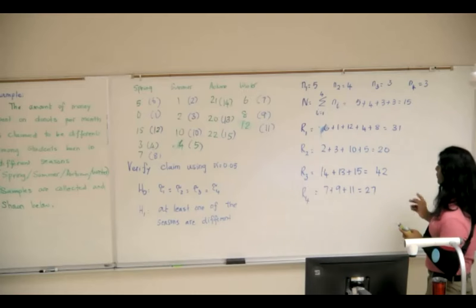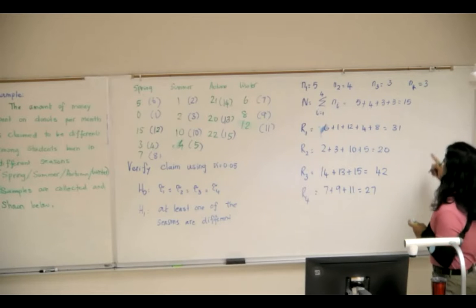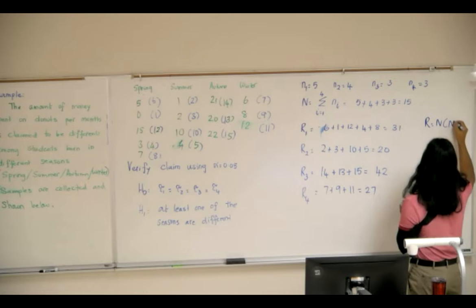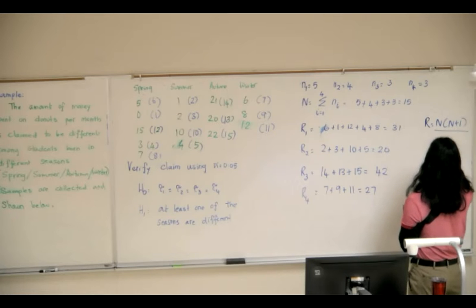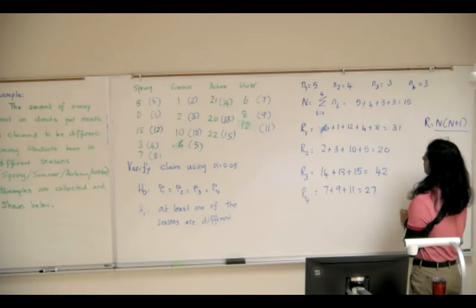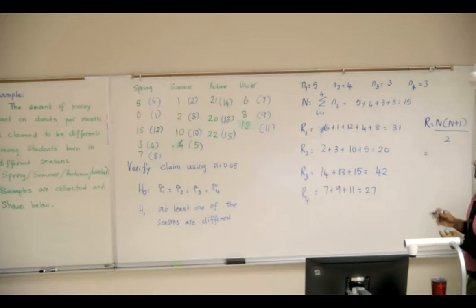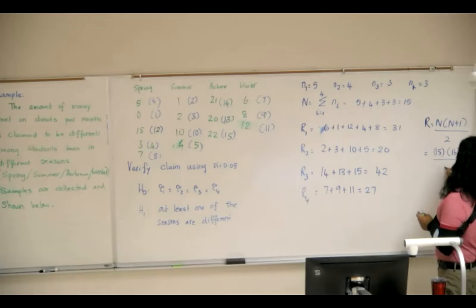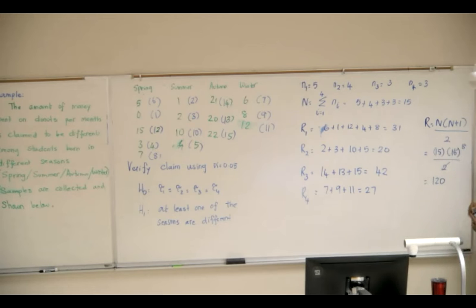The sum of all ranks must be N times N plus 1 over 2. So N times N plus 1 divided by 2. Total, we have 15 times 15 plus 1, 16, divided by 2, 120.